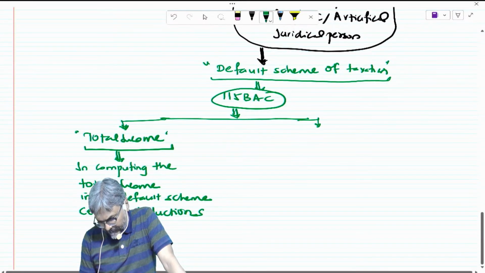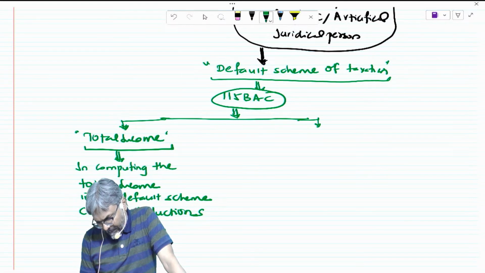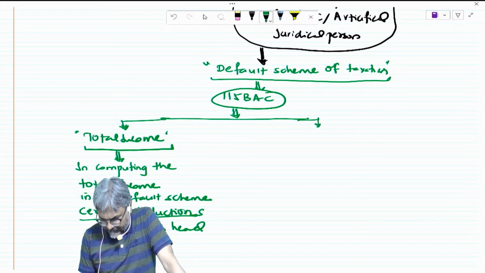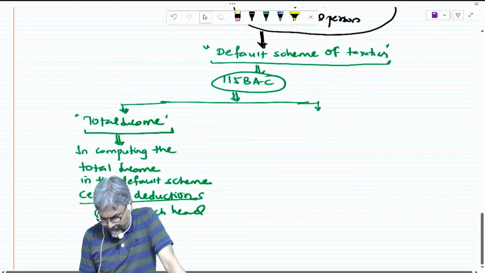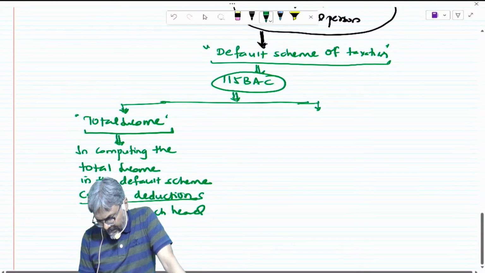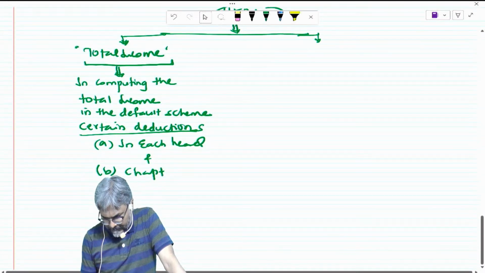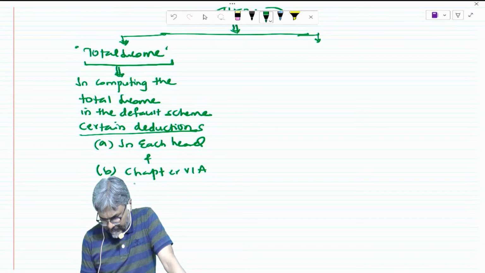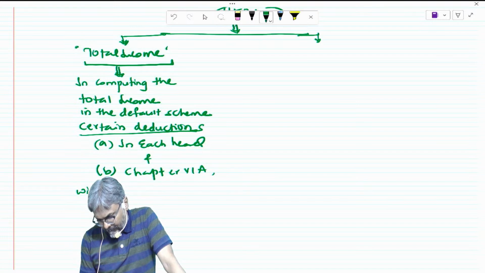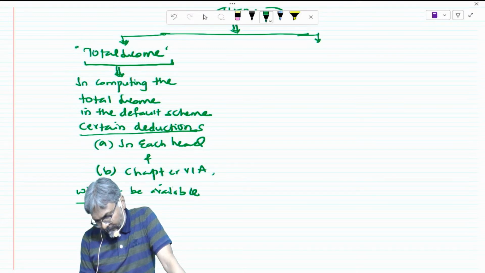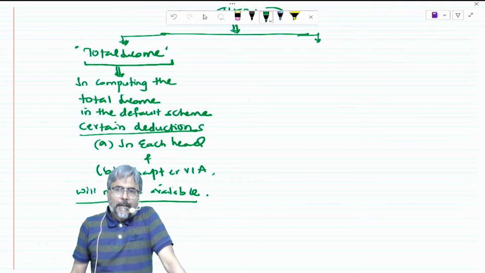Point number A: in each head, underline the word certain deduction. And point B: Chapter 6A will not be available.